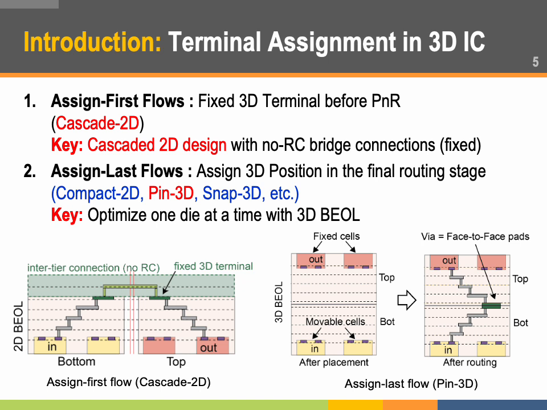An example of the assign first flow is Cascade 2D, as shown on the left, where the 2D dies are placed side by side, and terminals are fixed in the beginning using a bridge without RC parasitics to connect them. In contrast, an example of the assign last flow is Pin 3D, shown on the right, where the routing is performed at the final stage to determine the 3D terminal location.